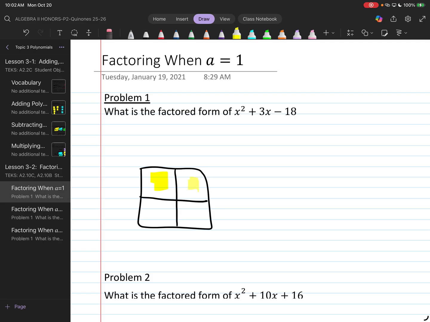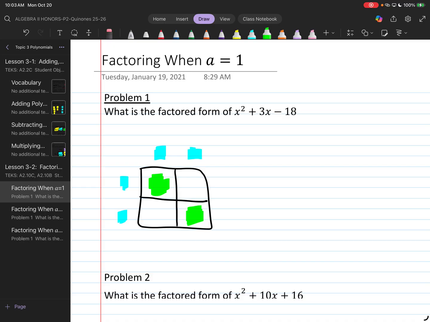We know that each one of these individual squares within the box is the multiplication of the terms out here, correct? We notice that also within the box, this one and this one, we didn't have to add them at all. They were just the product.